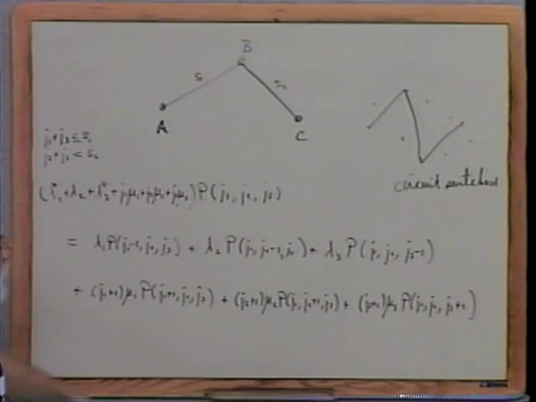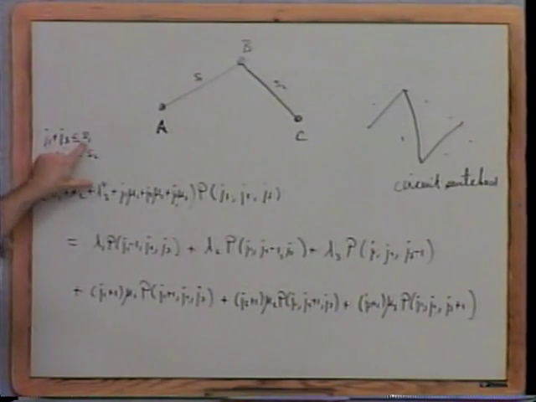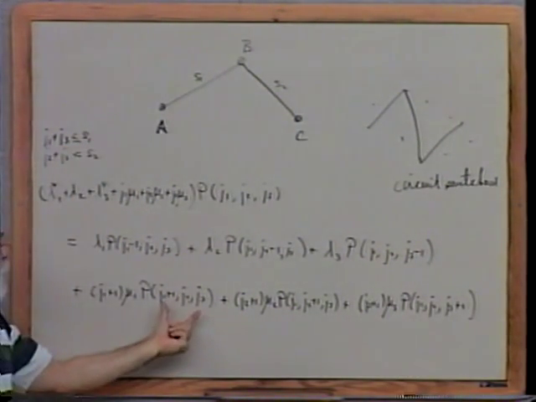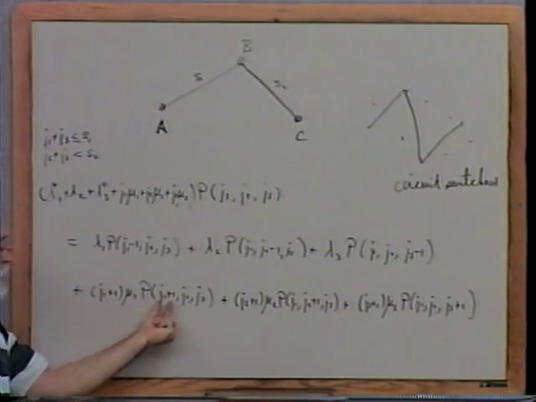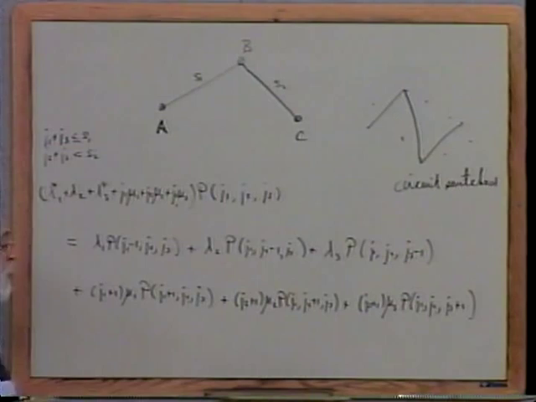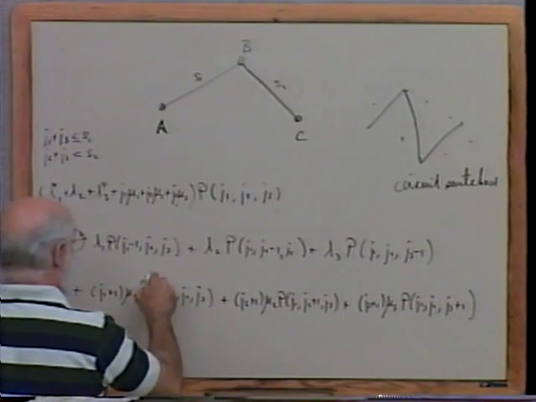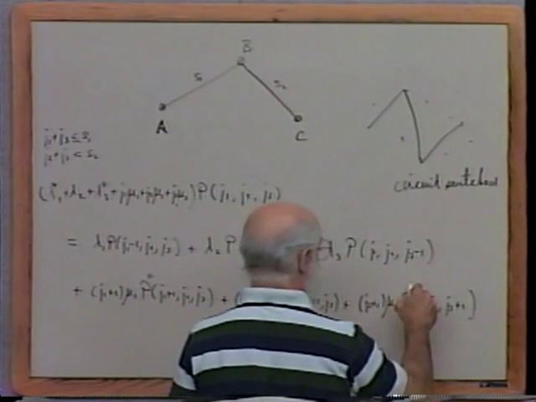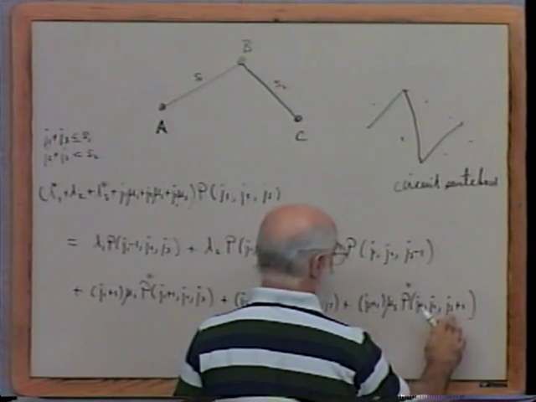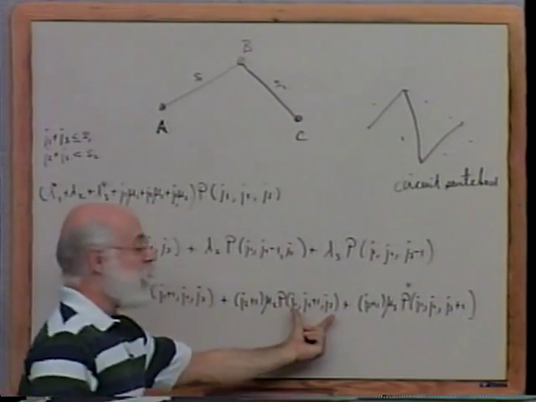Now, if you look on the right-hand side, we make the same arguments as before, namely that if j1 plus j3 is equal to s1, then this probability must be 0, because this represents a state that's physically impossible, j1 plus 1, j3. So we'll put an asterisk here, and there would be an asterisk here. Again, j1 plus j3 plus 1, but this one's OK.